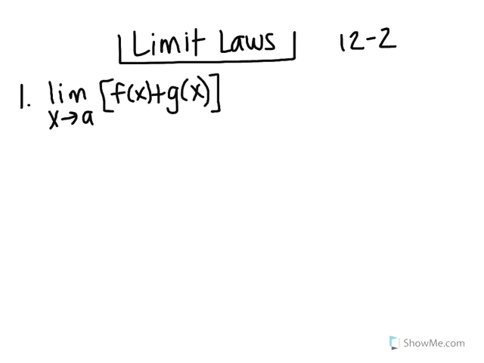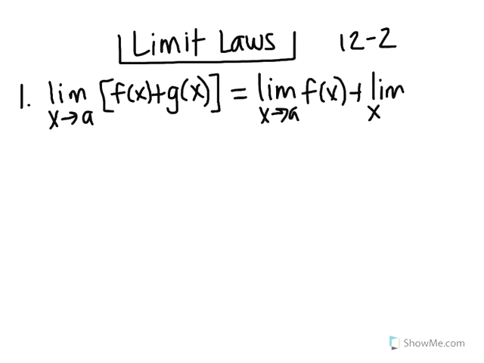So the limit of a sum is the sum of the limits separately. So it's the same as the limit as x approaches a of f of x plus the limit as x approaches a of g of x.